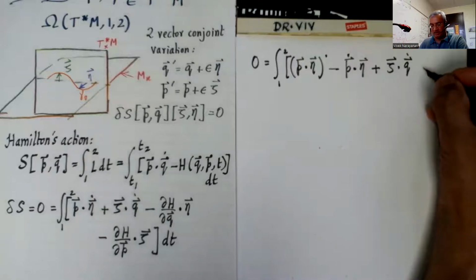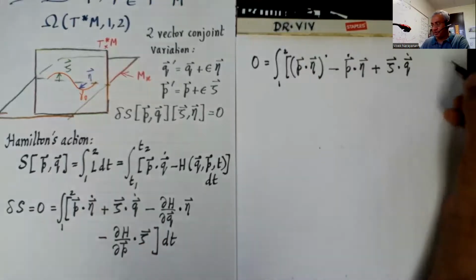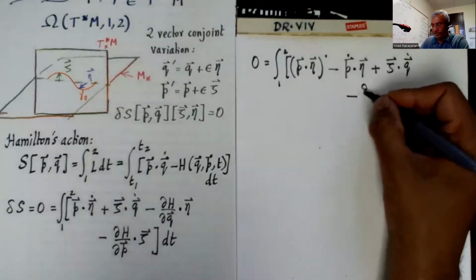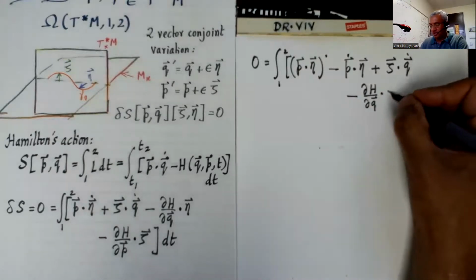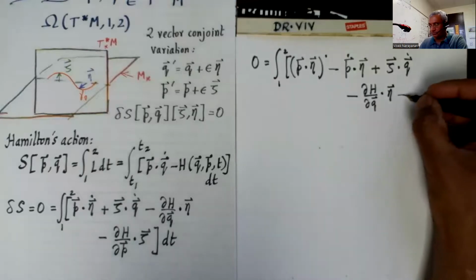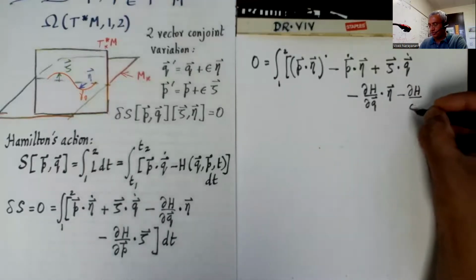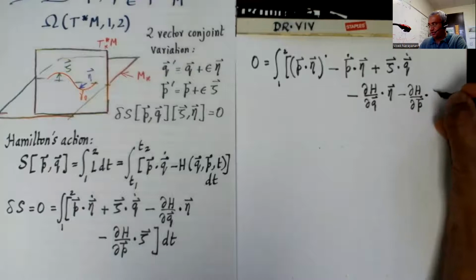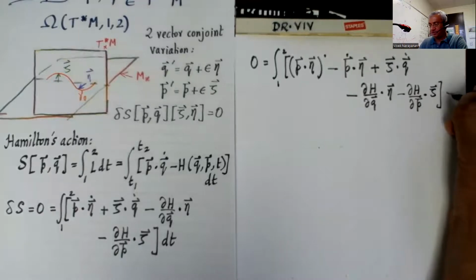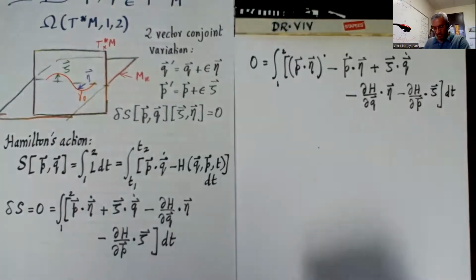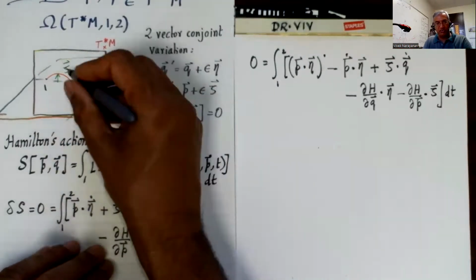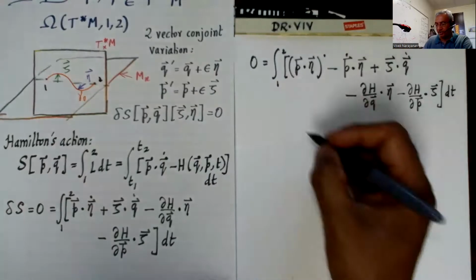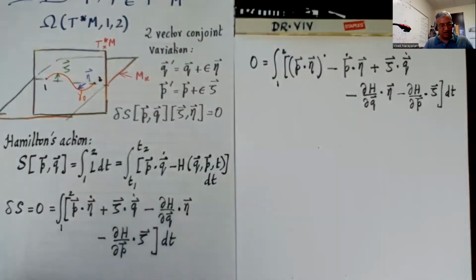The other terms I'll simply write plus zeta dot Q dot, and then these terms I'll simply copy again. Minus del H over del Q dot eta, minus del H over del P dot zeta, the whole thing dt. Now, I forgot to mention that because these variations occur between 1 and 2, both zeta and eta have to satisfy the boundary conditions.